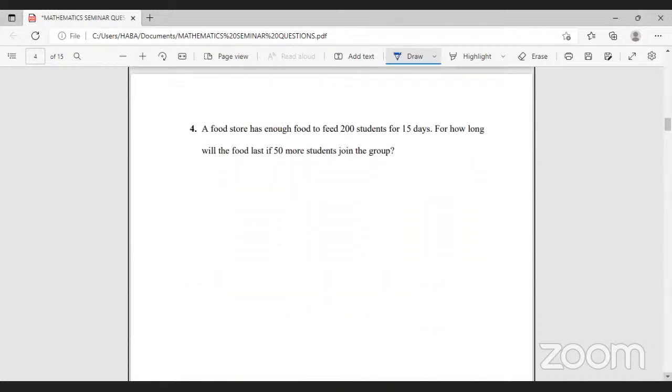Okay. Number 4 says a food store has enough food to feed 200 students for 15 days. How long will the food last if 50 more students join the group? Can I have someone to do that apart from Martha?